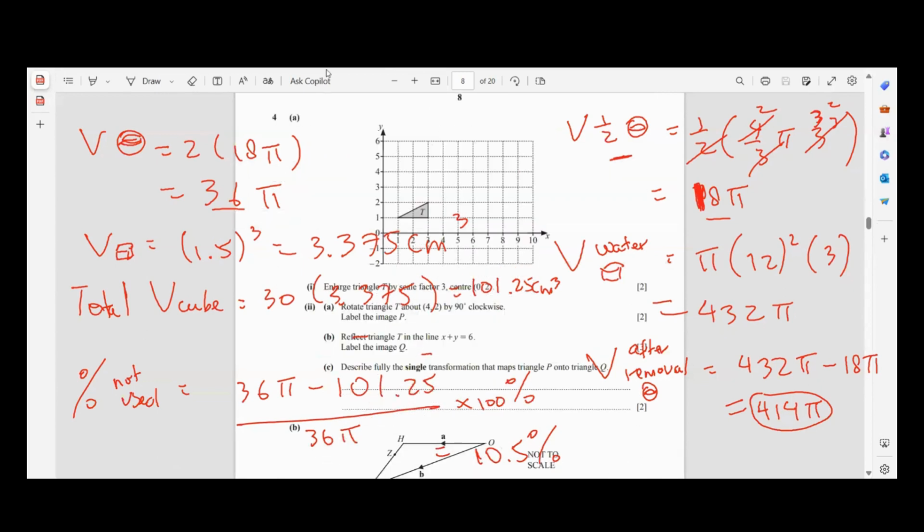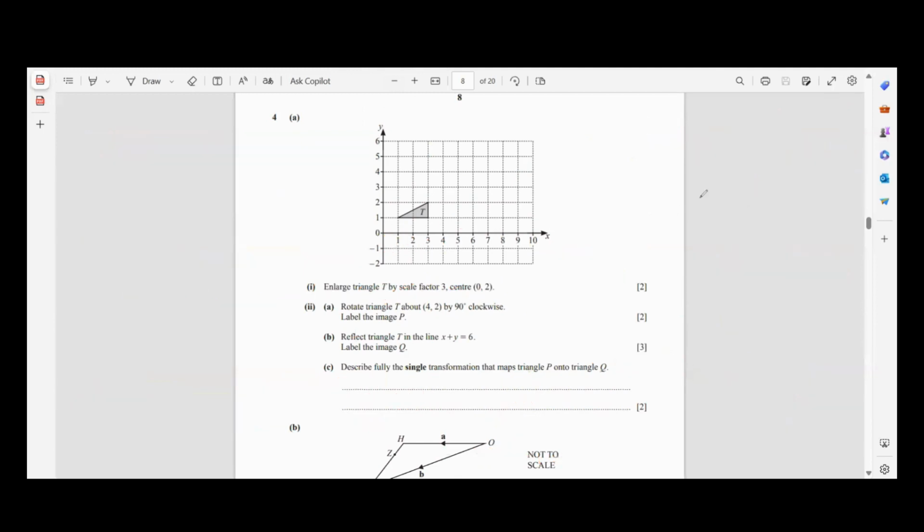Okay, now we go to number 4. Number 4 asks us to enlarge the triangle. We enlarge this, so the center is here, 0, 2, and then the scale factor is 3. So this point becomes this point, 3, minus 1.